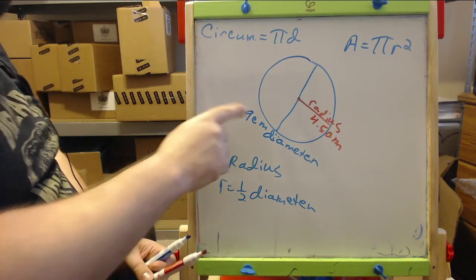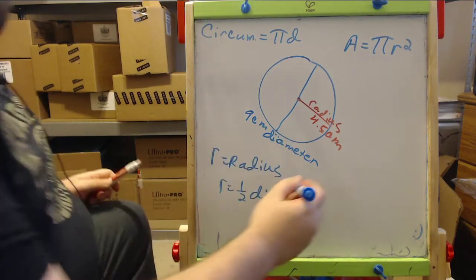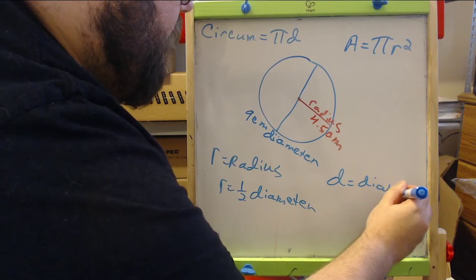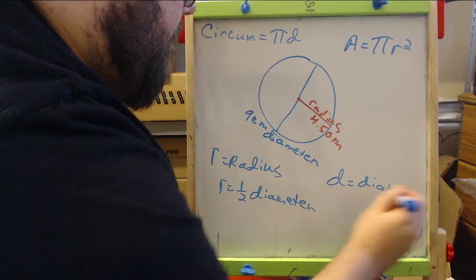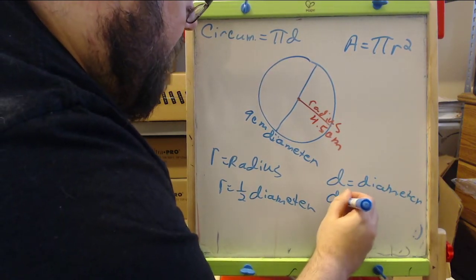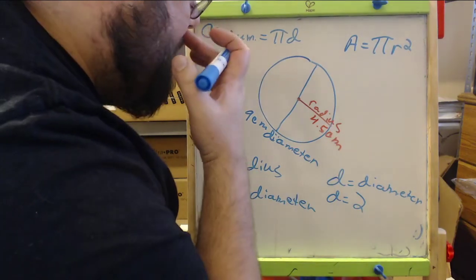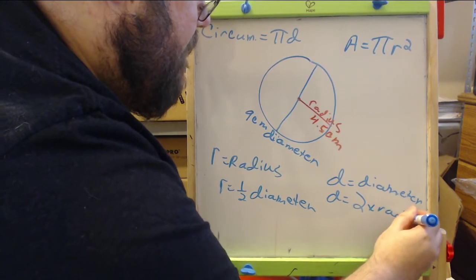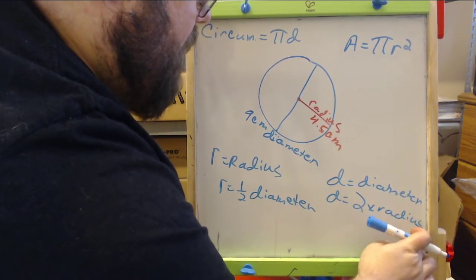If we want to write over here, D is diameter, and diameter is 2 times the radius. It's double the radius. So depending on what they give you.